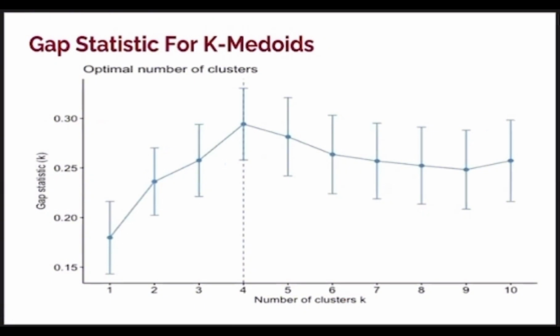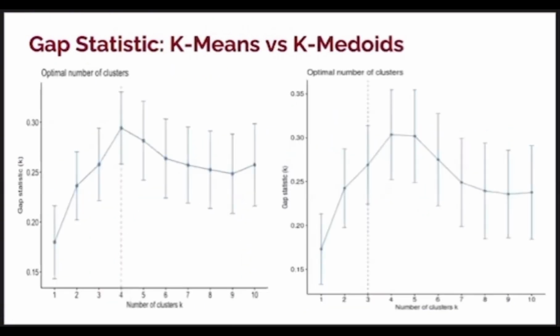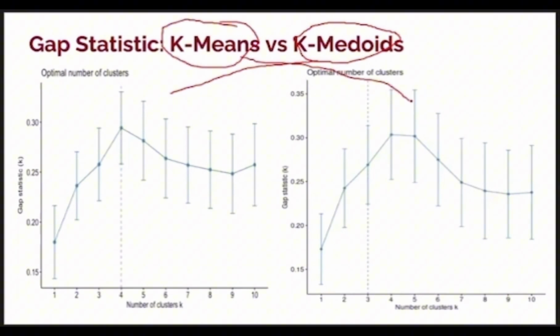Now I want to do something here. I'm comparing the gap statistics for K-means that we did last week and K-Medoid. Please pay attention. This is for the K-Medoid, while this is for the K-means.